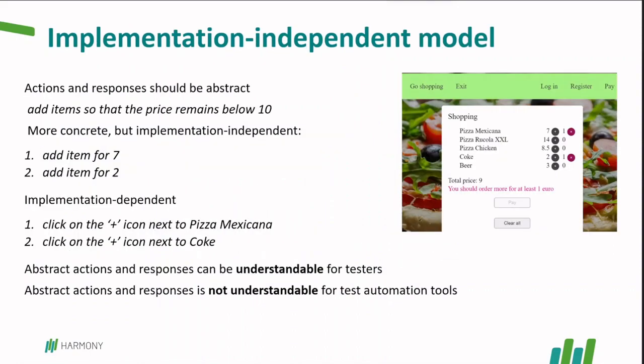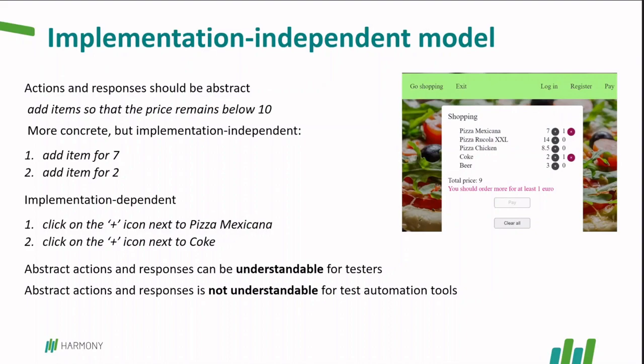Okay, the actions and responses should be as abstract as possible. For example, here is an abstract one: add item so that the price remains below 10. The tester can do it in different ways. Here is another implementation-independent solution, but it's not as abstract.